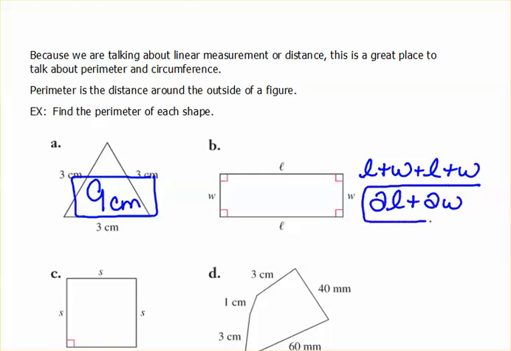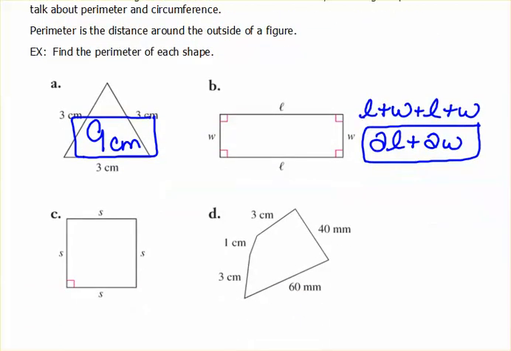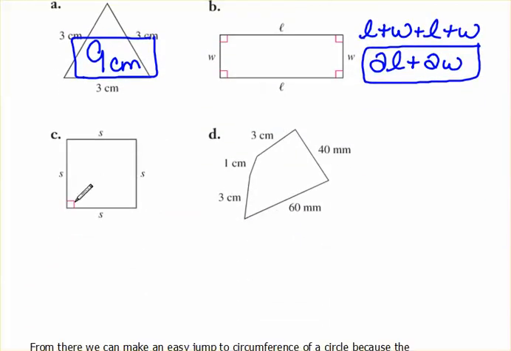That's our perimeter formula for a rectangle. Now over here we have a square. So if I were to add these up, I would have side S plus side S plus side S plus side S. Altogether, that is 4 S's. So that would be my perimeter there.